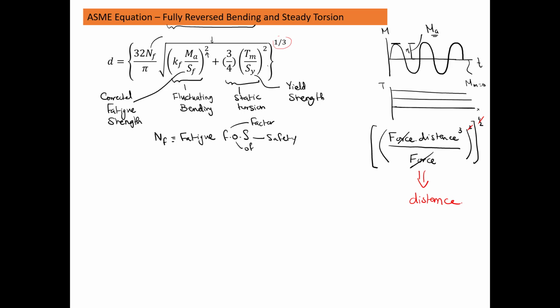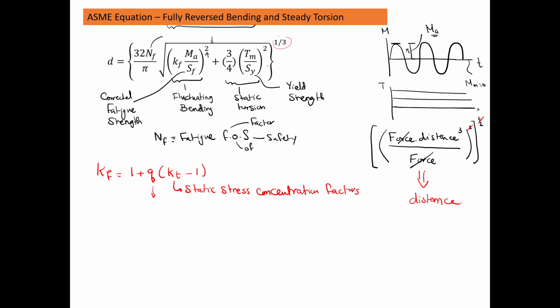Okay, now let's recall what's K sub F. It's 1 plus the notch sensitivity times KT minus 1, whereas KT is the static stress concentration factor, which we have special charts to pick from, or we have equations.